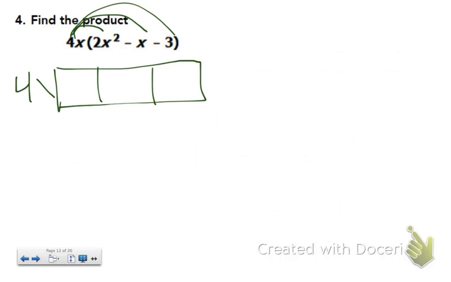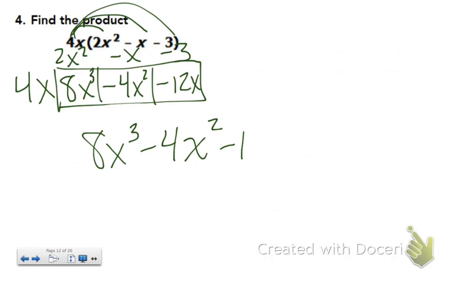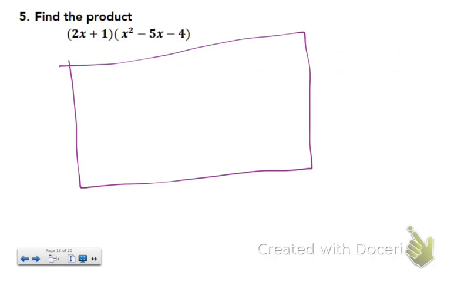So 4x times 2x squared negative x minus 3, 8x cubed minus 4x squared minus 12x. And in this case, you're done, because there's nothing else to combine. Again, find the product, so that means you are multiplying.